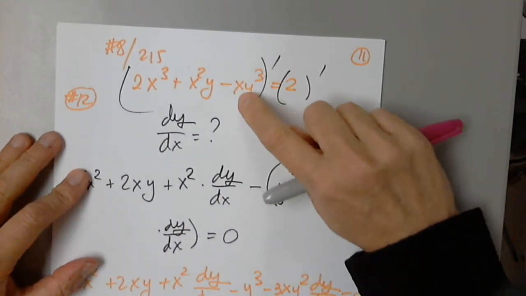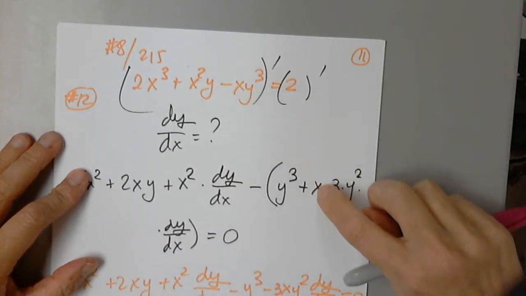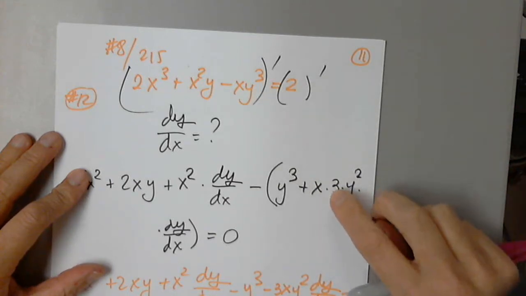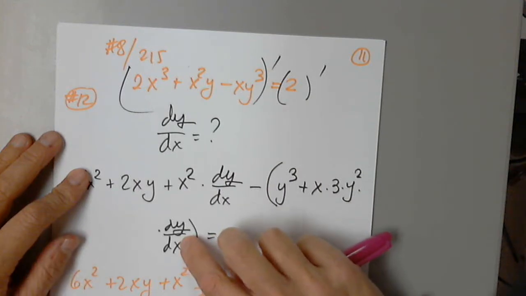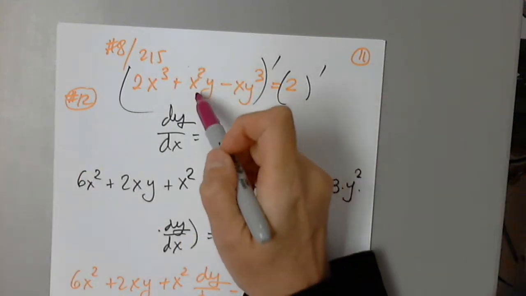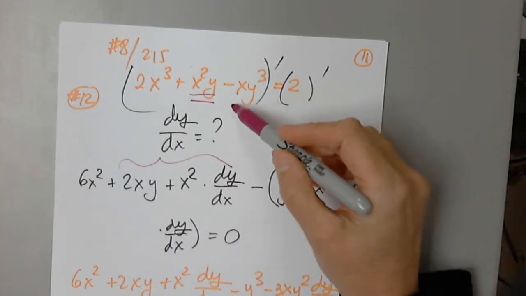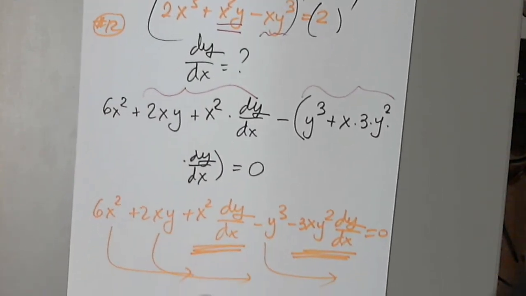So the first function prime is 1 times the second function plus the first function times the second function prime, which is 3 y squared times the inner function prime. Gotcha. So remember, each product turns into a sum of two terms. Right. Each product turns into a sum of two terms. Everything okay? Other questions here?